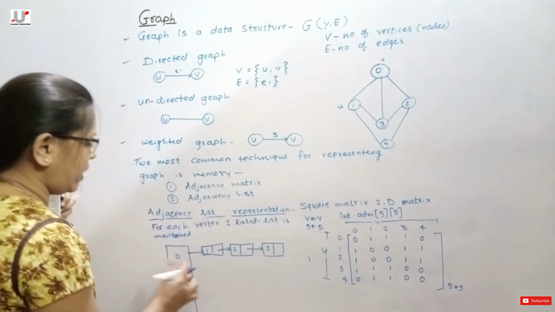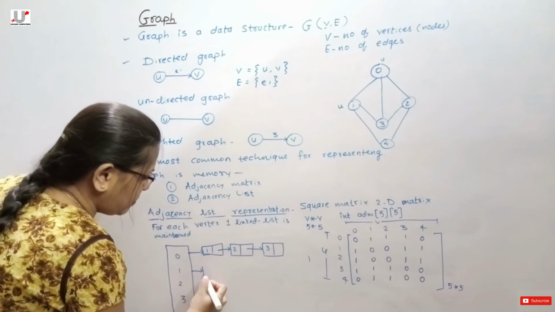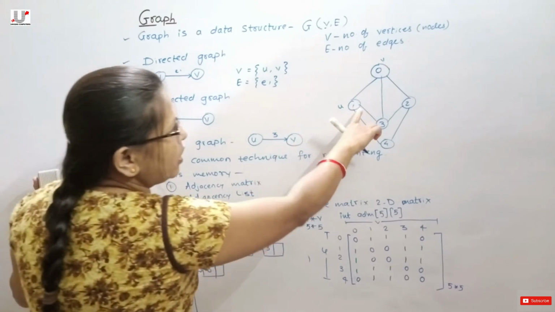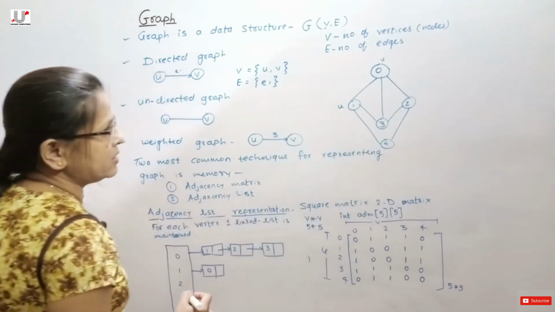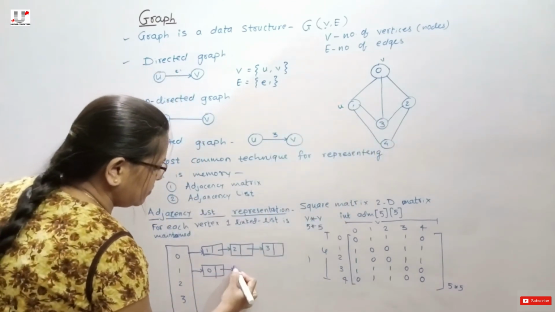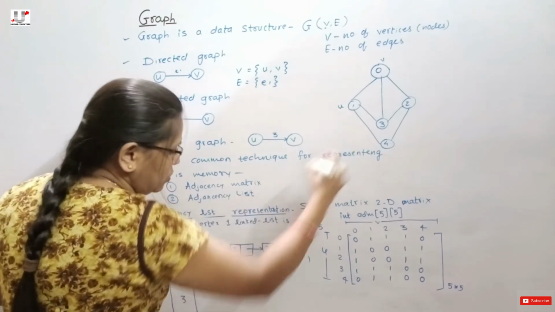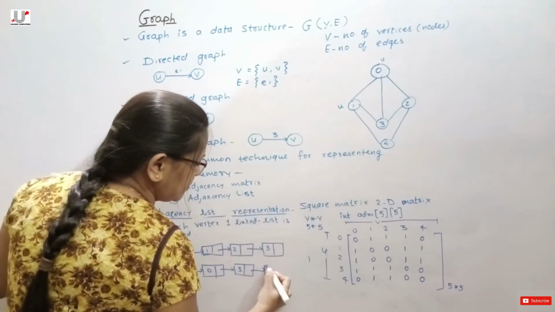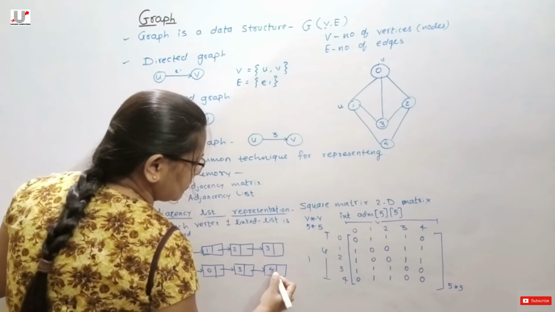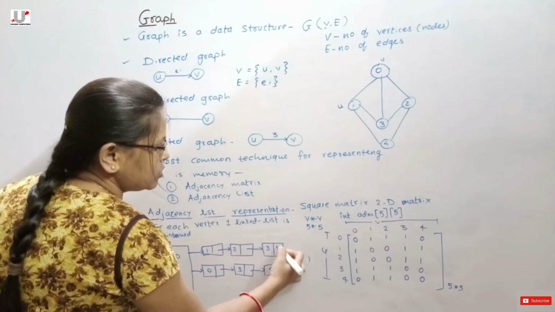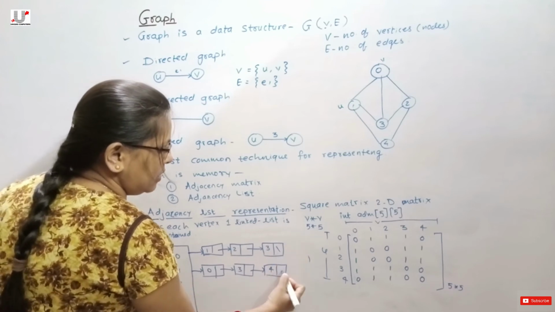So from 1, there is a link towards 0. Then from 1 to 3, there is a direct edge, and from 1 to 4. And as there is no edge after that, we specify null.